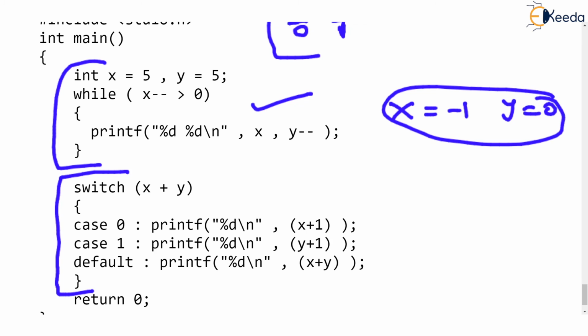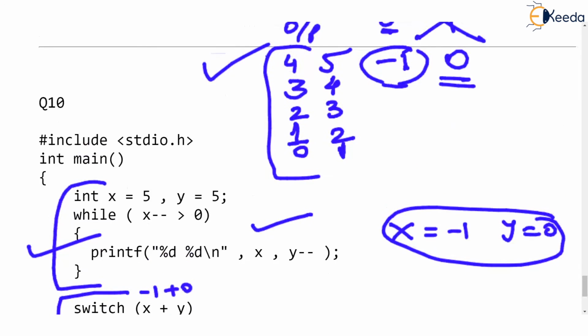Now there is a switch which says, what is minus 1 plus 0? Switch x plus y. None of the cases are true, but default runs because the minus 1 case is not there. So it is going to print x plus y, which is -1. So the entire output due to this while and this switch is going to be, what was the first output?